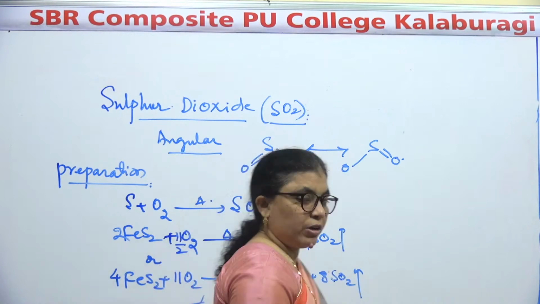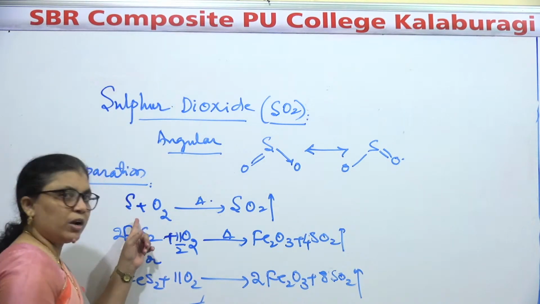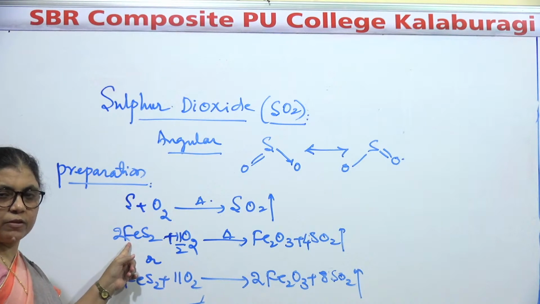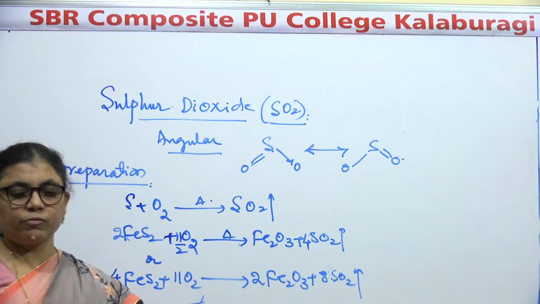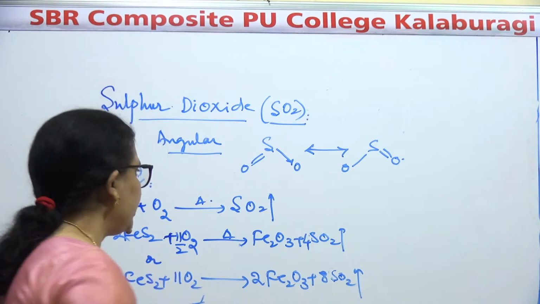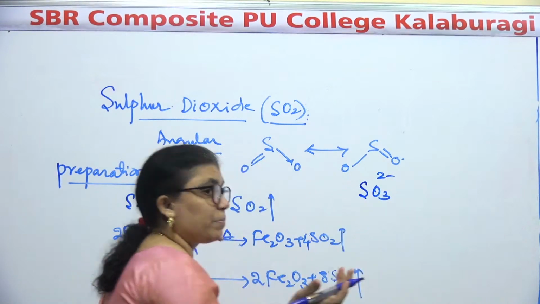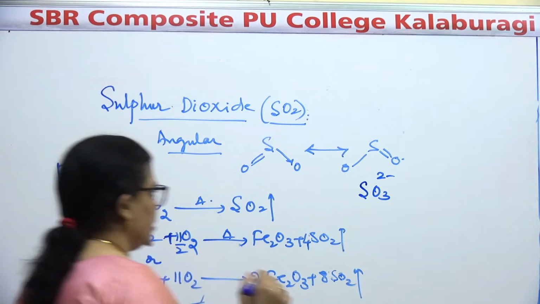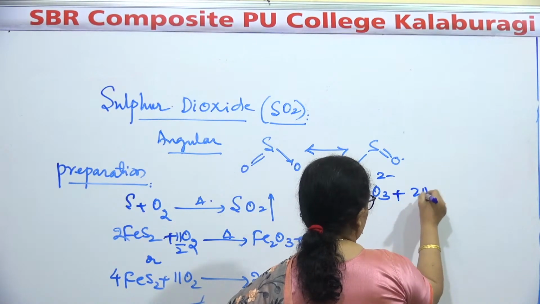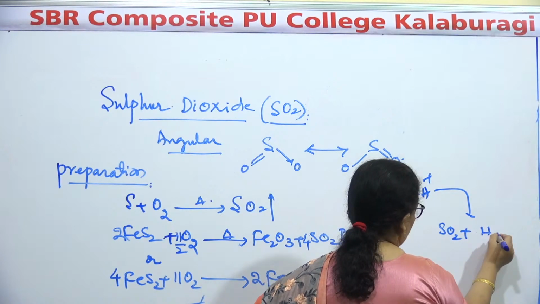So whenever we take combustion of elemental sulfur, or iron pyrite ore, or any sulfide, that is, sulfite SO3 2 minus like sodium sulfite, when sulfites are treated with acid, H plus, since 2 minus charge is there, I have written directly SO2 plus H2O.